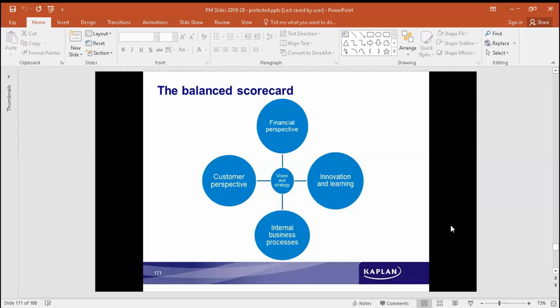To look at the organization as a whole and measure the performance may not be possible. So for that reason, the organization would be looked at from four different perspectives: financial, customer, internal business process, and innovation and learning, or learning and growth, whatever the terms.